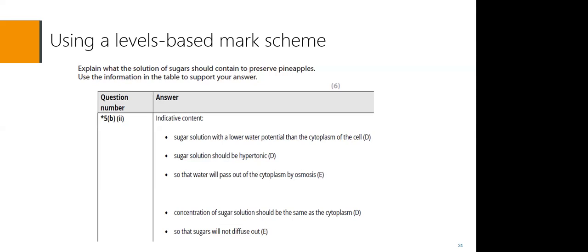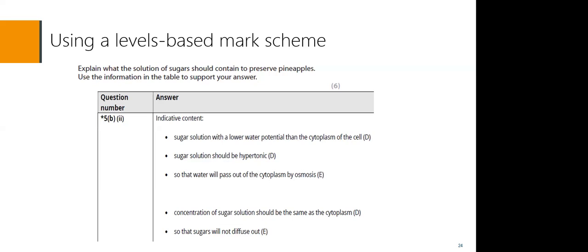So we've got a question that says explain it. Again, it's based on information already given on the question paper. And it says explain what the solution of sugars should contain to preserve pineapples. Use the information in the table to support your answer. So the sort of things that might be included is that the sugar solution used has a lower water potential than the cytoplasm of the cell.